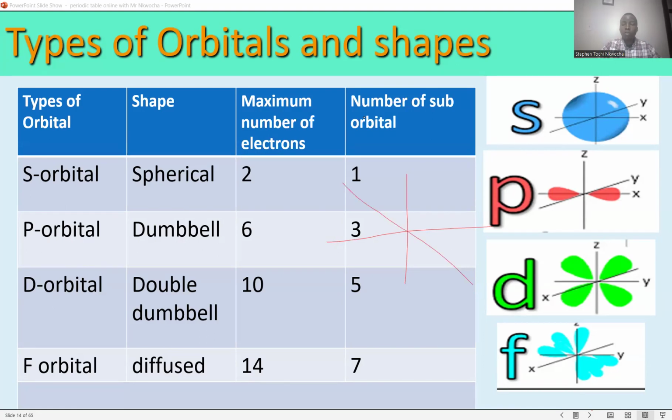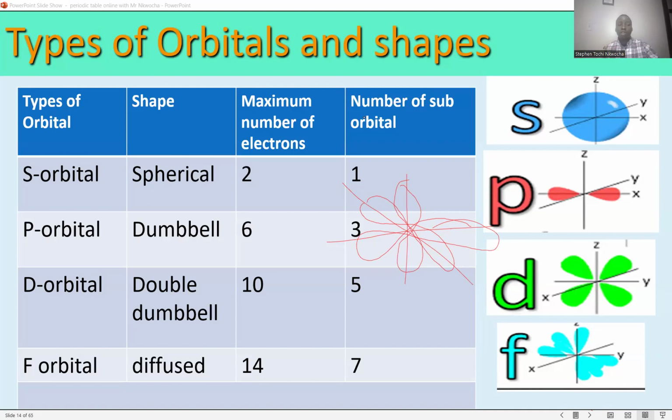Very simple, I can just draw it like this, and that is your P orbital. You don't need to be showing us that you are an excellent student by drawing all the three of them and making your work look so haggard. Please, just draw only one. WAEC knows that one is enough for you to represent your P orbital, you don't need to draw the three of them.